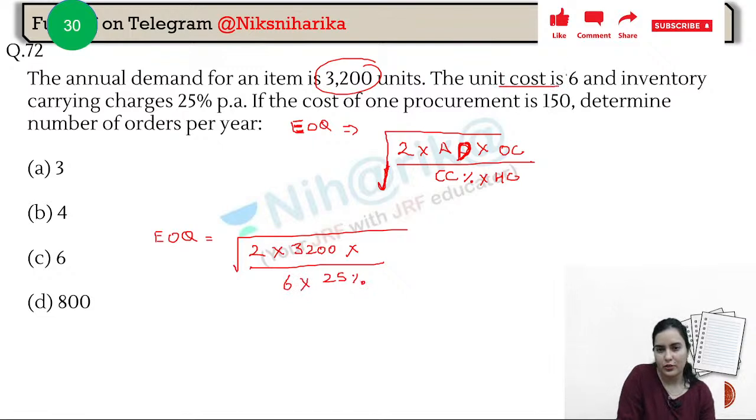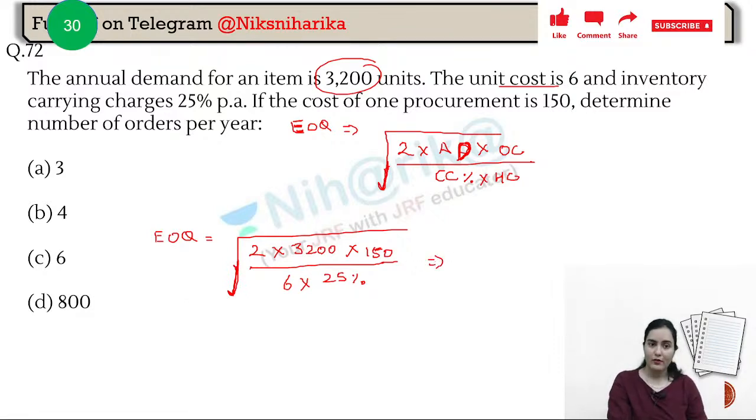How did we know that unit cost is holding cost? If the cost of one procurement, that means order cost, is 150, then only one number is remaining, that is unit cost, that will be HC, holding cost or unit cost. Then this root will be on full.